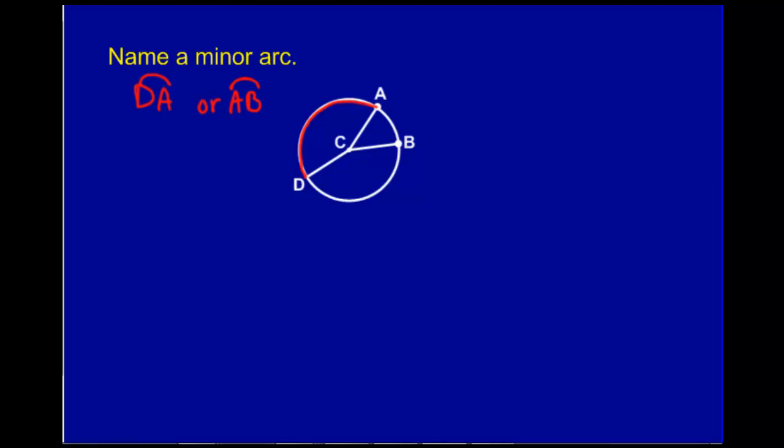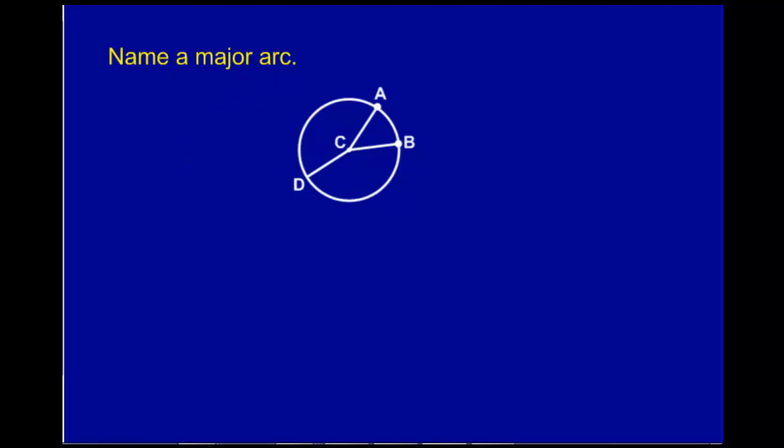And again, we could switch those letters around. And actually, as we see here as well, this arc from D to B is also less than 180. So we could call arc DB a minor arc as well. So we have a few different minor arcs that we see in here.